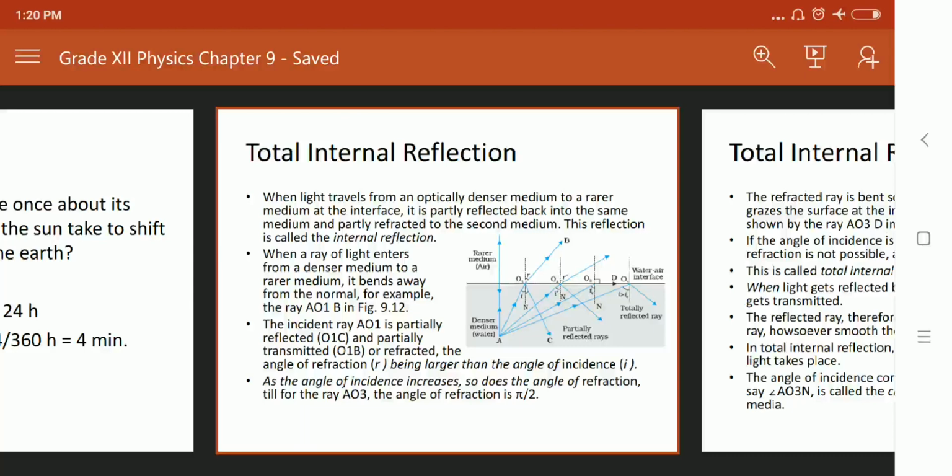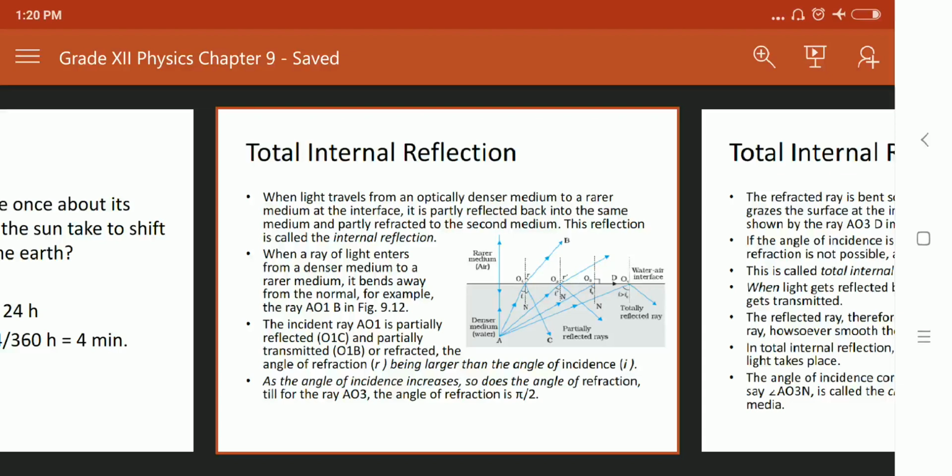So while the wave is propagating from denser to rarer medium, some reflection component and some refraction component is available. Wherever the ray is reflected back in the same medium, that is known as internal reflection.